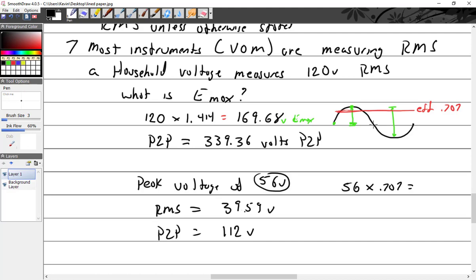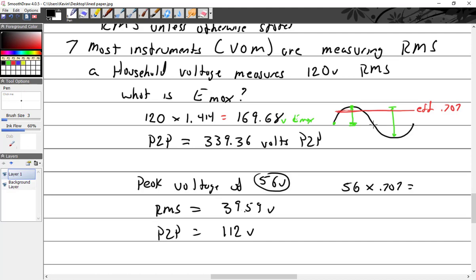Okay, so I did this for a reason. RMS is out of order from this. There's peak voltage, which is 56. How much is peak to peak? Twice that. Double it. But I asked them out of order. I said, what is peak? Then I said, what is RMS? And then I said, what is peak to peak? You know what your peak is. These two things go together.